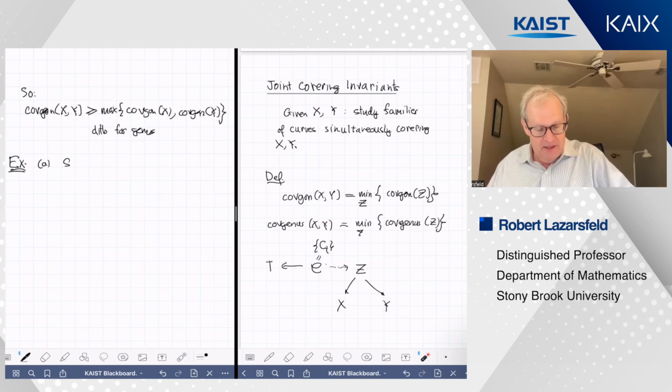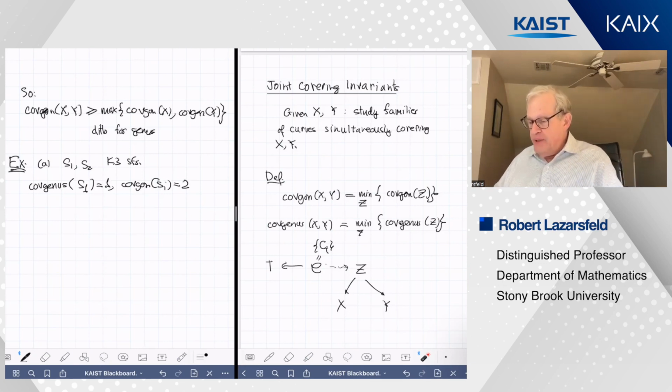So let's take S1 and S2 to be K3 surfaces. Now remember that a K3 surface is always covered by a one-dimensional family of singular elliptic curves. So the covering genus of a K3 surface is 1, and so its covering gonality is 2.